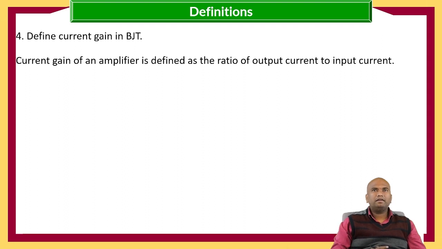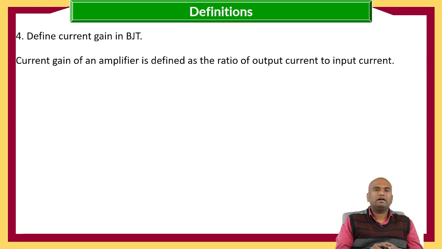Define current gain in BJT. Gain is the increment. An amplifier is a circuit which increases the signal from input.